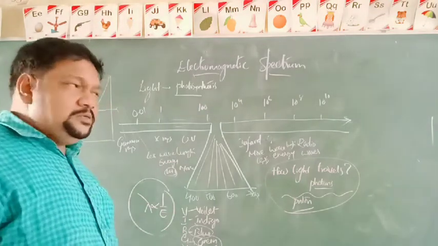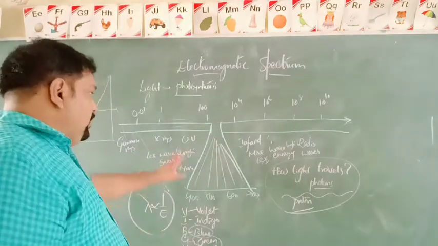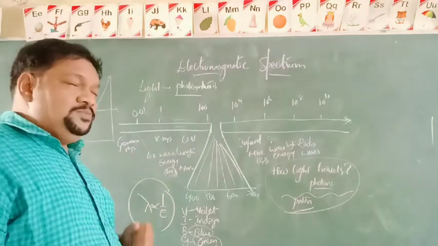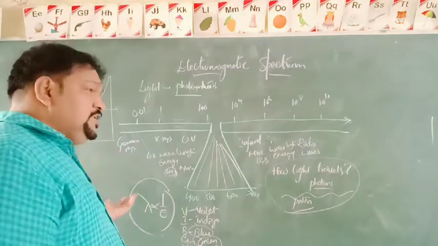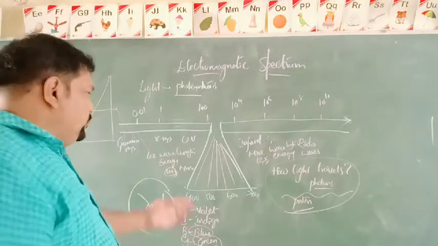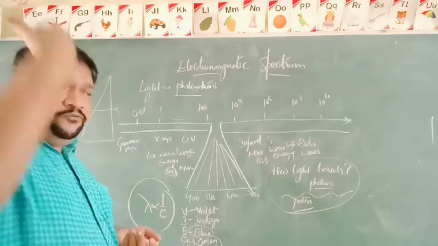Radio waves have the least energy; between UV rays and infrared rays, infrared has less energy. Least wavelength means X-rays, which have more energy. So this difference you should know.